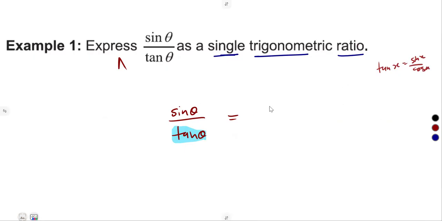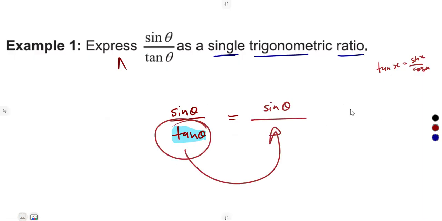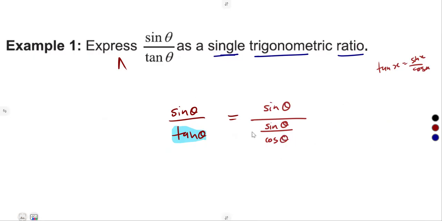So we have the sine of theta over sine of theta over cos of theta. As it is a fraction like that, you consider it as a single term.